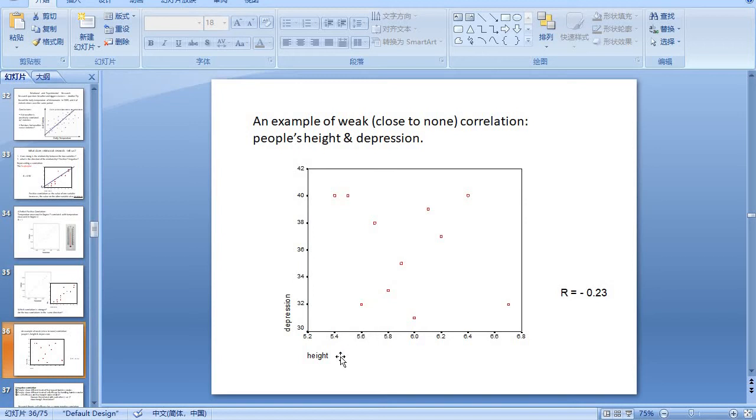In other words, if you know a person's height, if you know how tall the person is, it's very difficult for you to predict how likely this person is going to be depressed or non-depressed. The correlation coefficient for this data is negative 0.23. It's kind of weak.